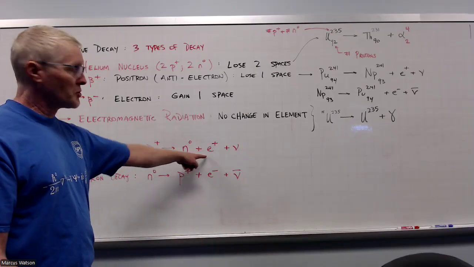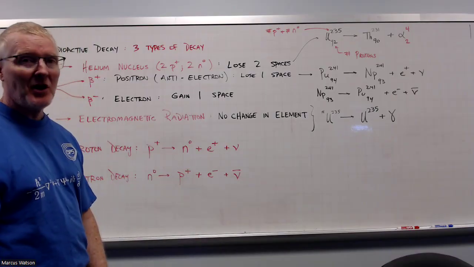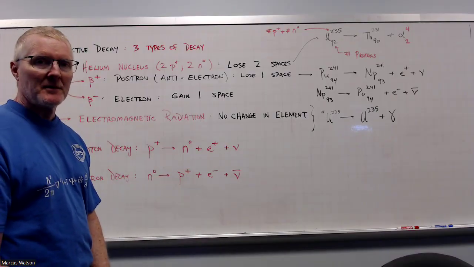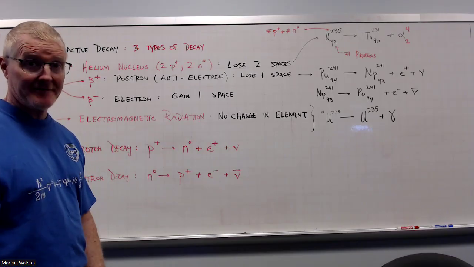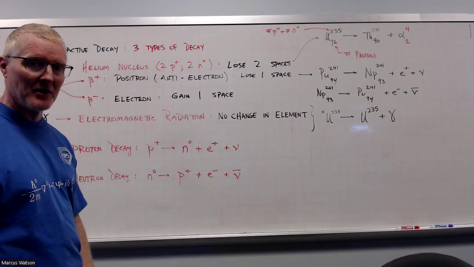Whoa, is it made of a neutron plus an anti-electron here, plus a neutrino? No, that's not what it's made of. It's what it's giving off, right? It's not really what the proton is made of, though.